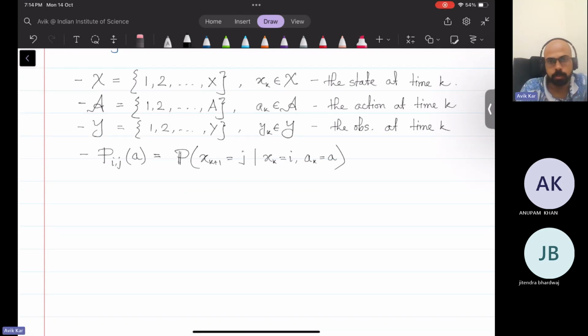So this is the transition probability, and this is for state transition. But these states are not observable.